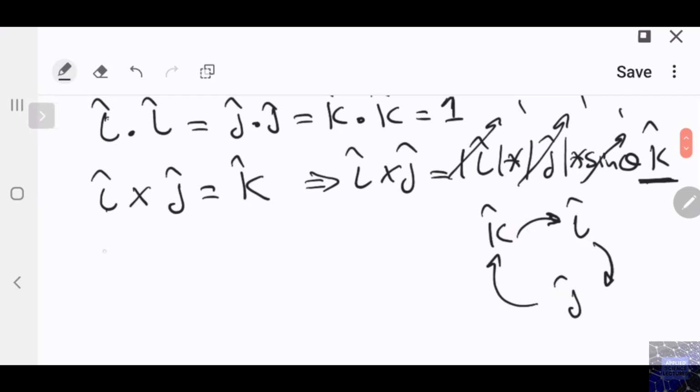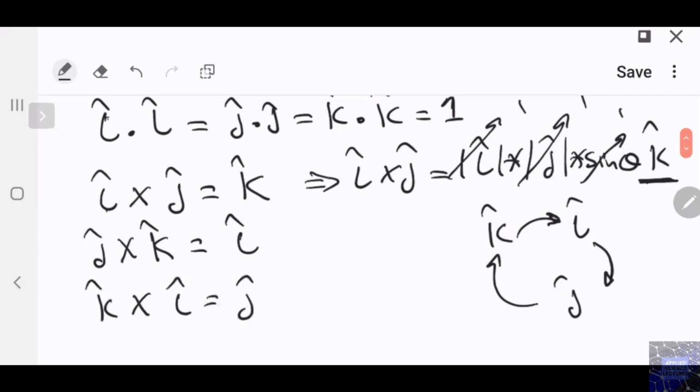If I go j cross k, then I will get i hat, then k hat cross i hat equals j hat.